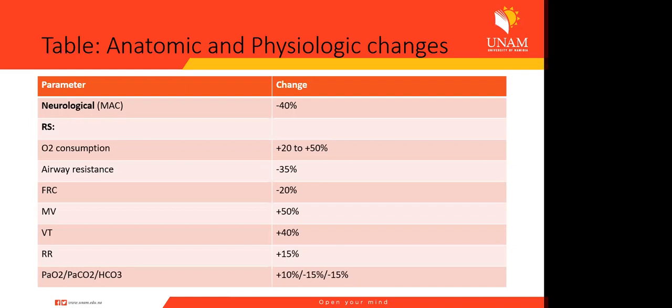The minute ventilation increases by 50%, tidal volume by 40%, and the respiratory rate by 15%. Don't forget that I said the PaO2 increases while the PaCO2 reduces, to allow for excretion of carbon dioxide by the growing fetus.